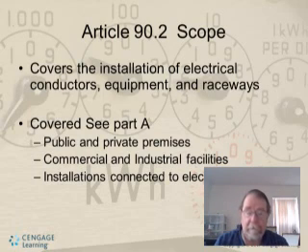Now, 90.2 also covers the installation of electrical conductors, equipment, and raceways. Now, Part A, basically, we talked about that: public and private premises, commercial and industrial facilities, and installations connected to electrical supplies.